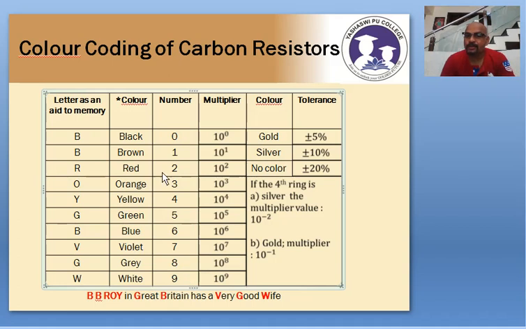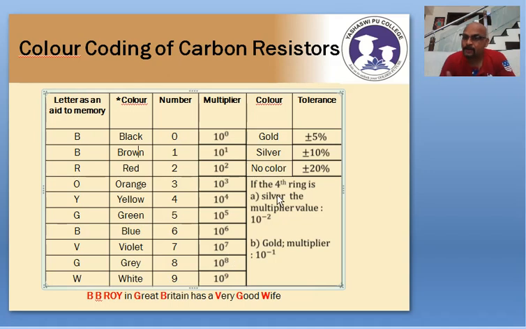And suppose the third ring is red, then the multiplier is 10 to the power 2. If the third ring is violet, the multiplier is 10 to the power 7. So that is the meaning.